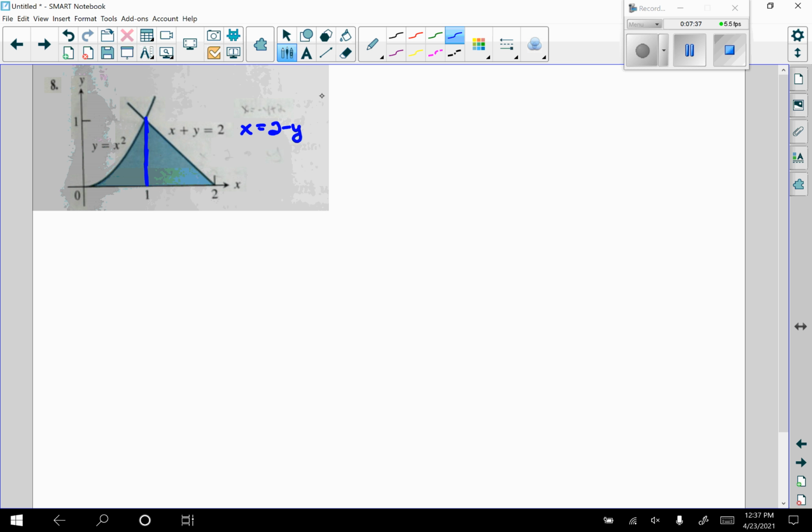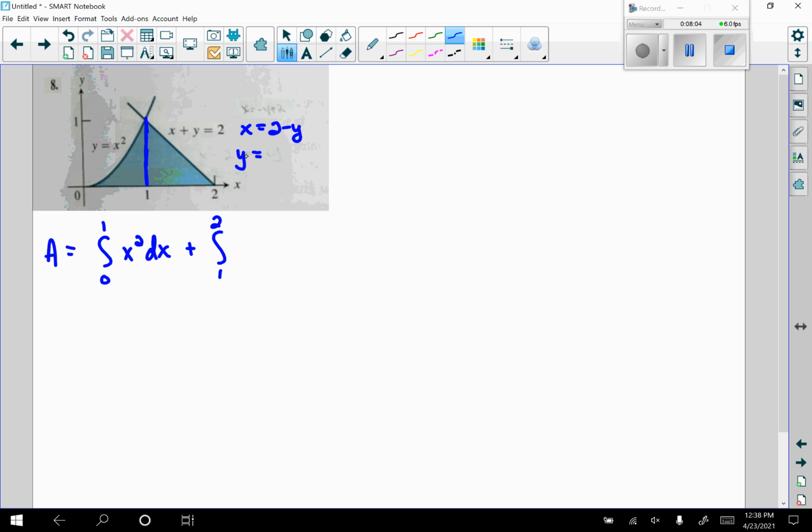So we have to set up two different integrals. So the first is going to be the integral from 0 to 1. And since we're just going down to the x-axis here, we don't have to worry about subtracting anything. It's just going to be like subtracting a 0. So the first one's going to be 0 to 1 of x squared dx plus the integral from 1 to 2 of, and I should have solved for y.